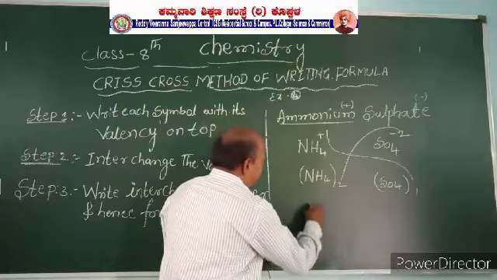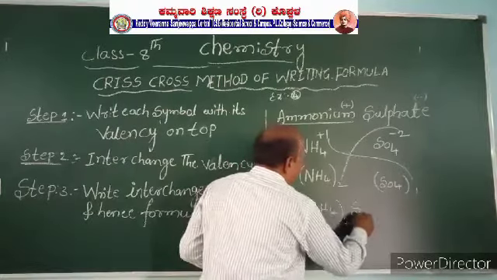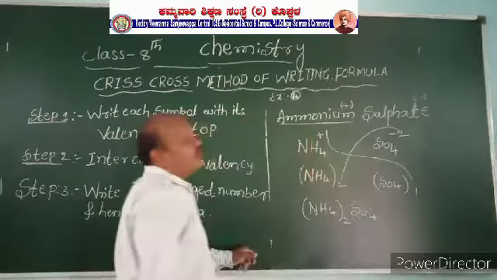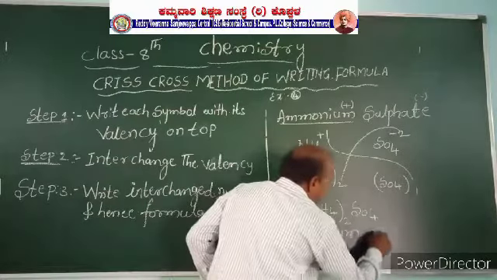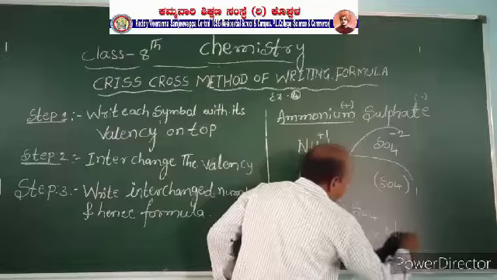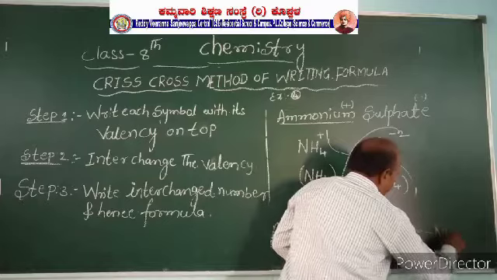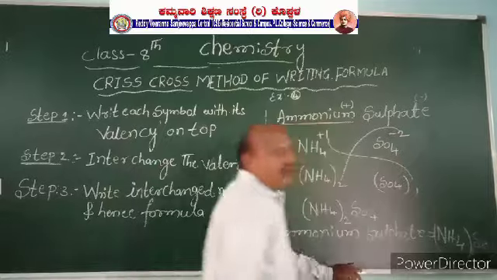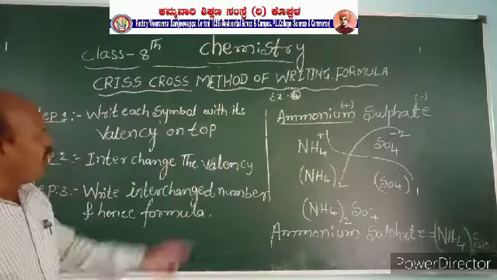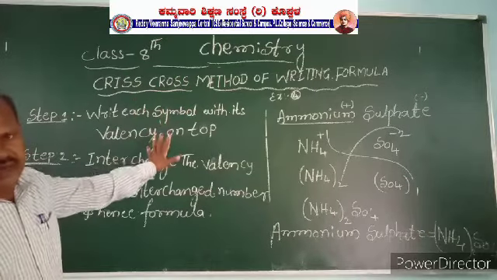And the last one: (NH4)2SO4, ammonium sulfate. Have you followed how to write the chemical formula by the crisscross method?